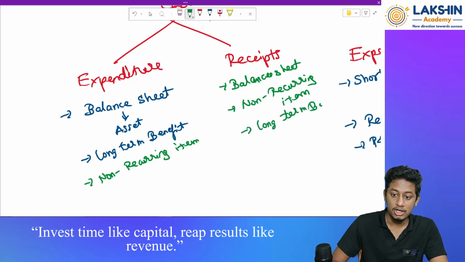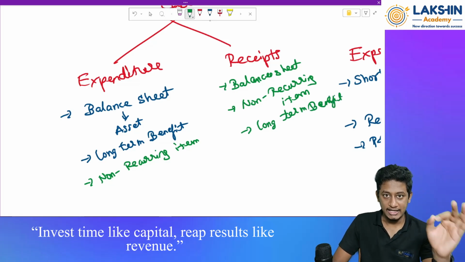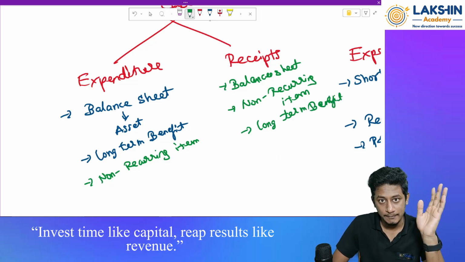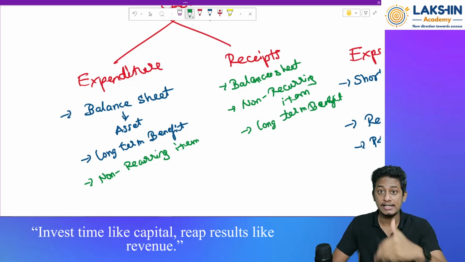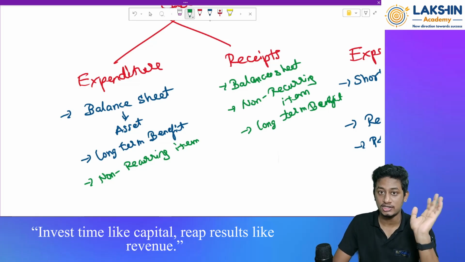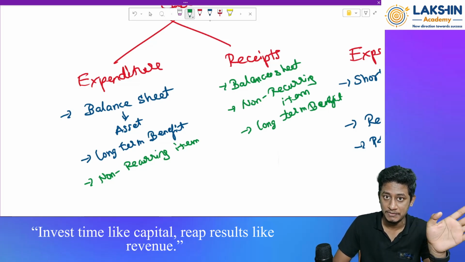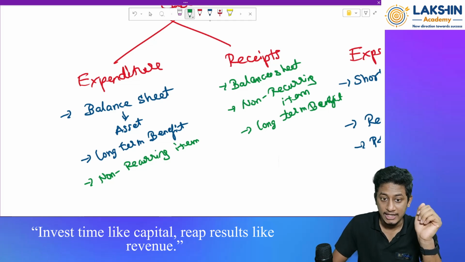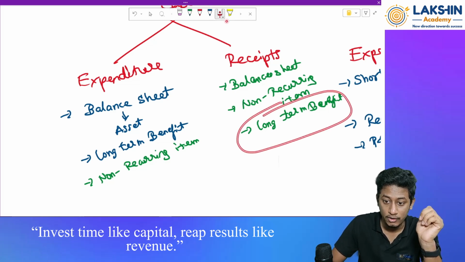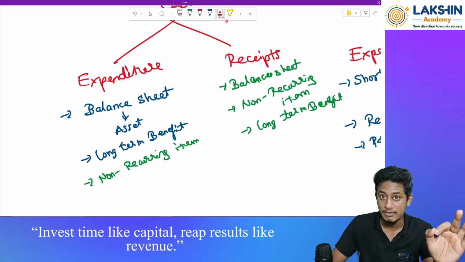Why? Because if I take a loan today, will I repay it tomorrow? No, never. I will repay it, let's say, after 2 years, 3 years, 4 years, 5 years, whatever the terms might be. But I will not repay it within 1 year. That means I can take the benefit of the loan on a long-term basis.